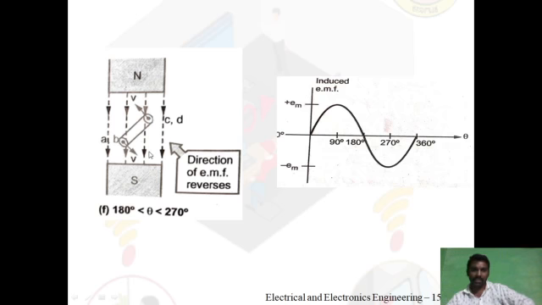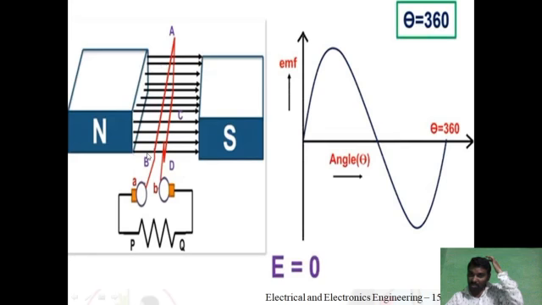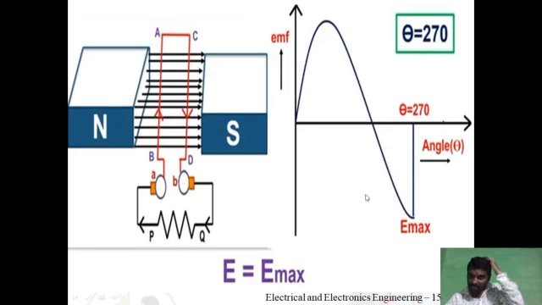So at theta equal to 225 degrees, what is the amount of EMF induced? Somewhere around here, in between negative Emax and 0, you will get minus Emax divided by 2. At theta equal to 225 degrees, it increases in the reverse direction.